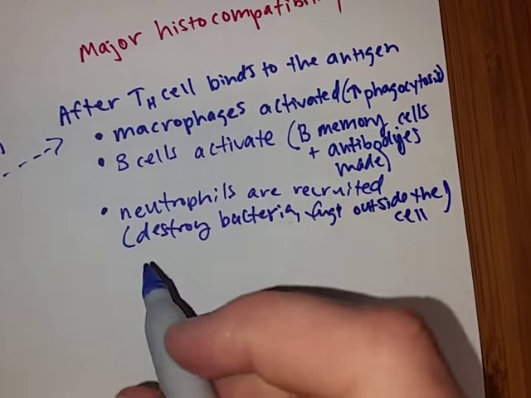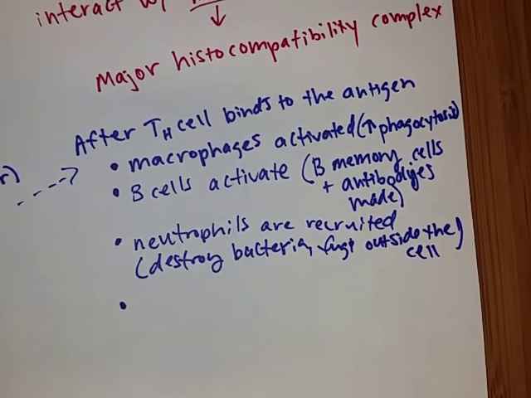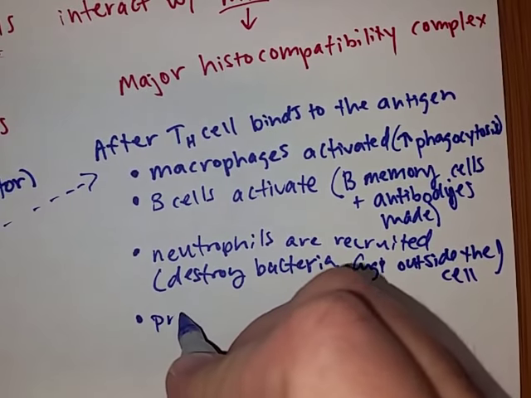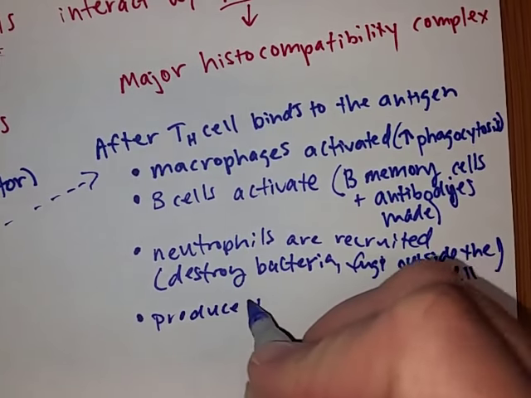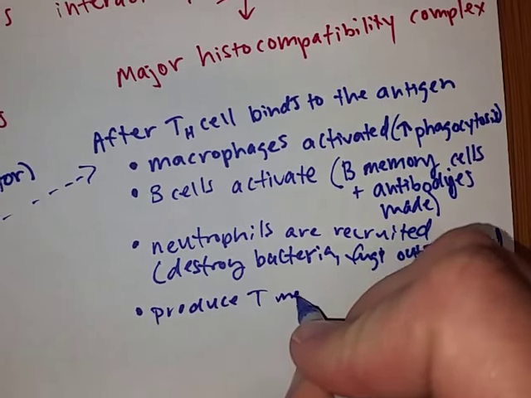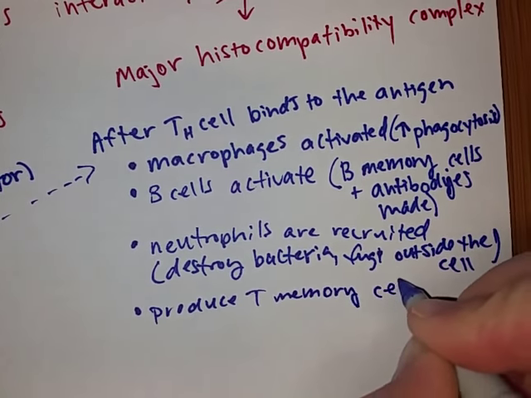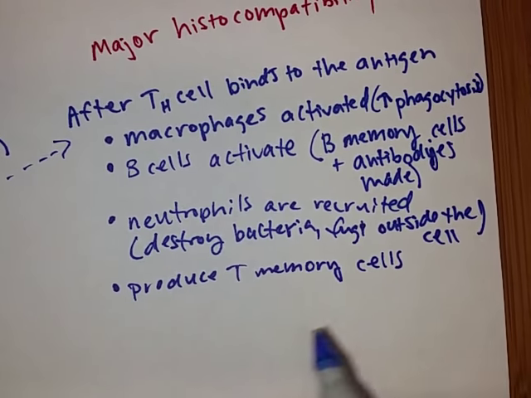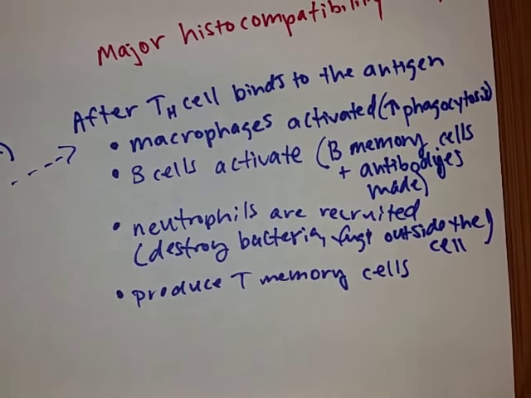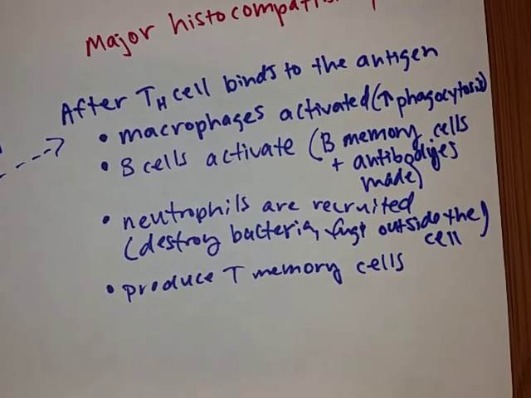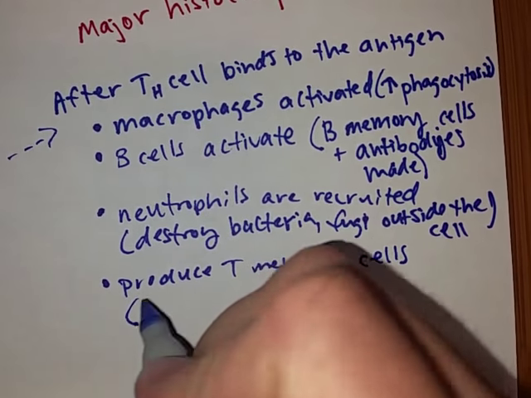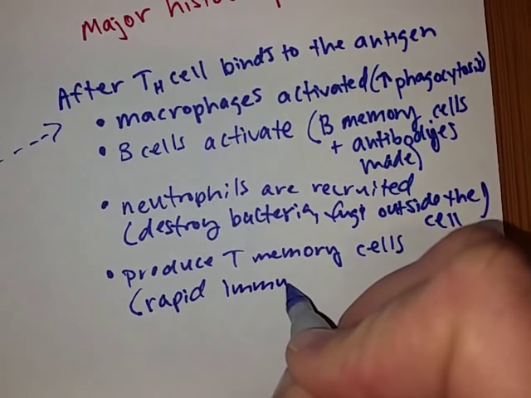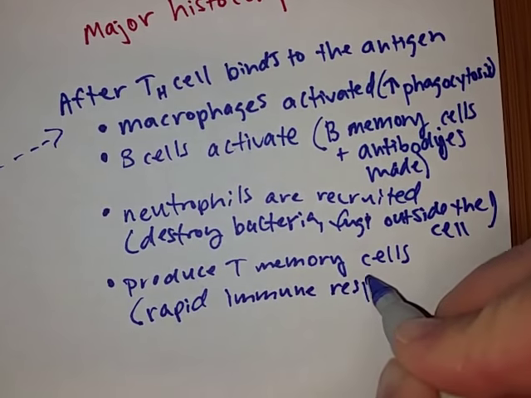And then lastly, the last result of a T helper cell becoming activated is that you're going to produce T memory cells. Having these T memory cells, they'll be able to recognize that antigen that's been seen before, and this is going to allow for a more rapid immune response the second time.